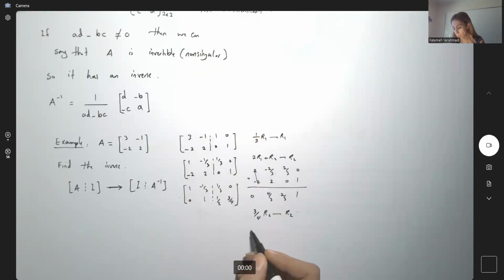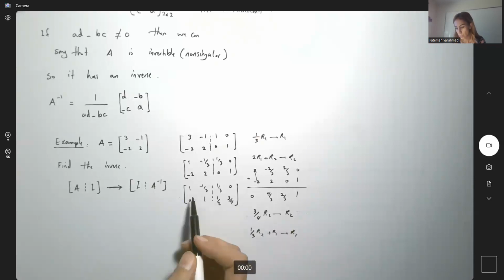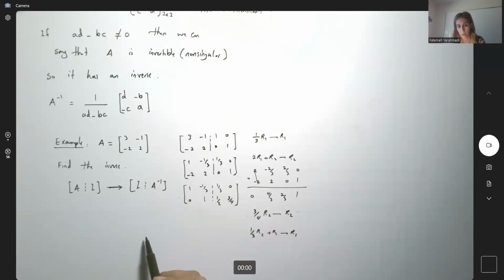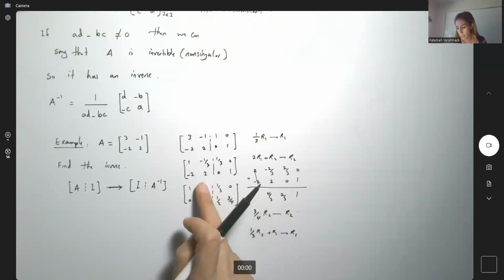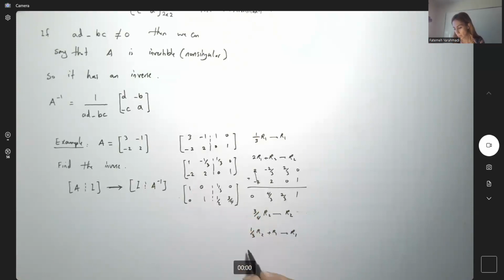So we're going to multiply the second row by 1 over 3 and add it to the first row. This guy becomes your new R1. So 0 plus 1 is going to be 1, and here you have 1 times 1/3 plus a third. This is 0. Then you have a half times a third plus a third.